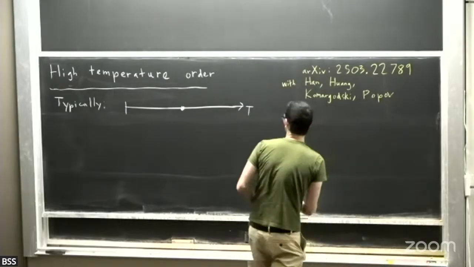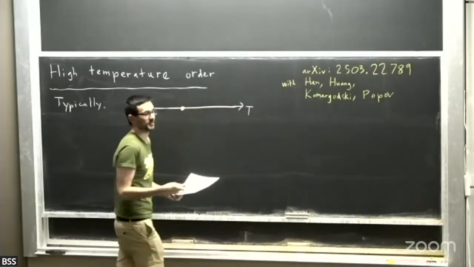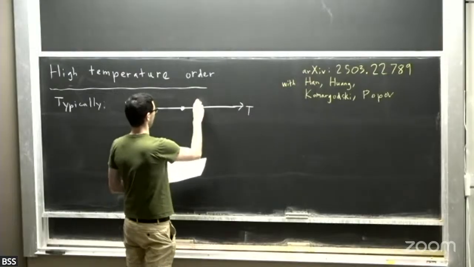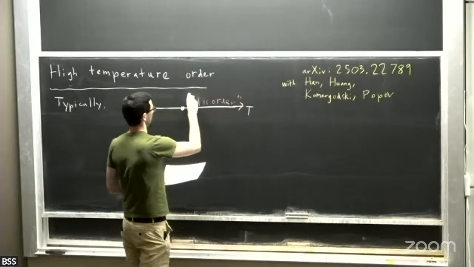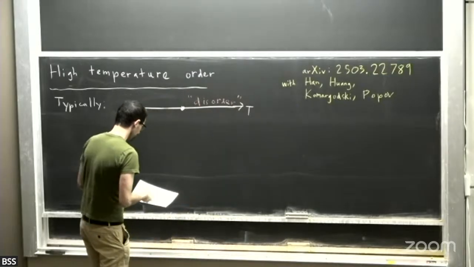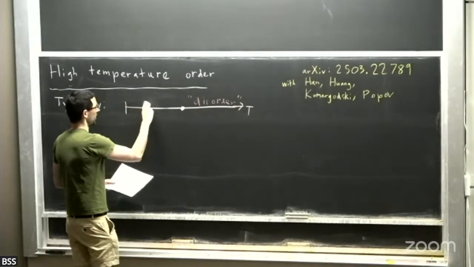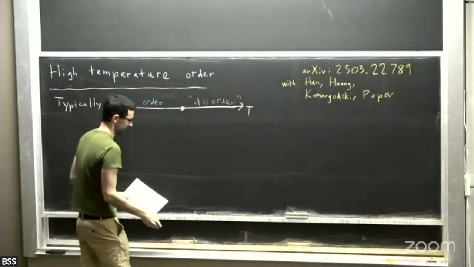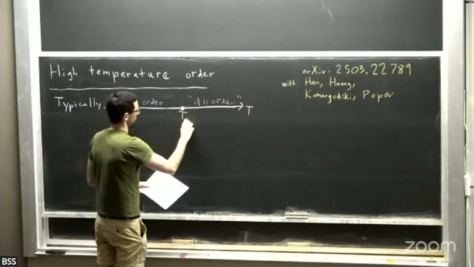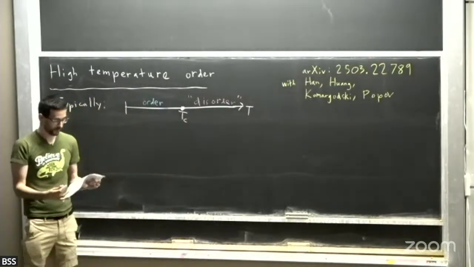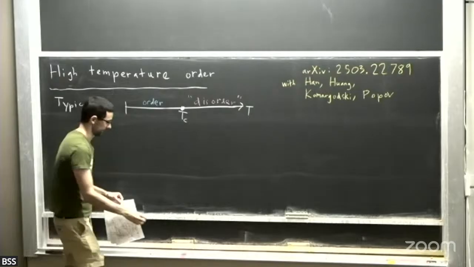At high temperatures, we see something featureless, like a gas, which would be disordered. And at low temperature, if we're lucky, we might see some kind of thermal phase transition at some critical temperature Tc, below which we have an ordered phase.